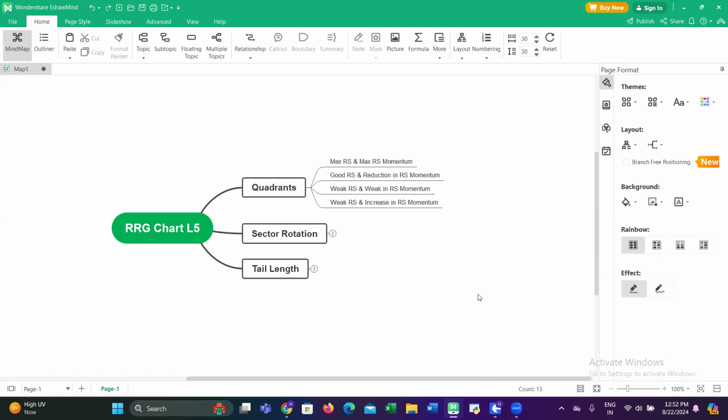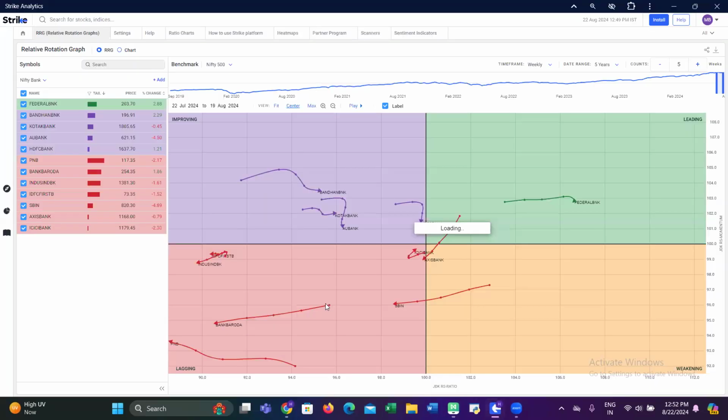Weak RS and weak RS momentum is the lagging quadrant. So you see a very low RS and a significant reduction in the RS momentum. This is where you see scripts in the weak lagging quadrant.